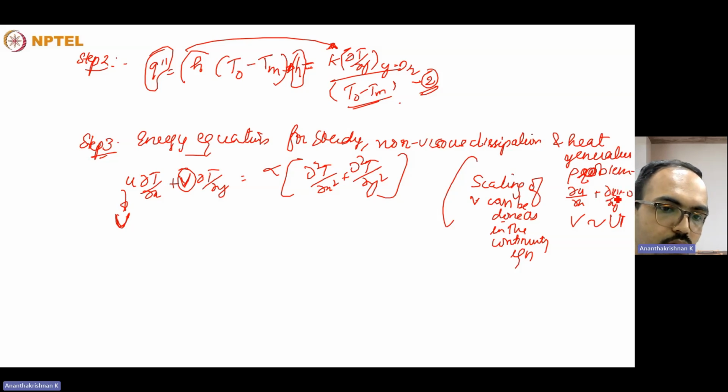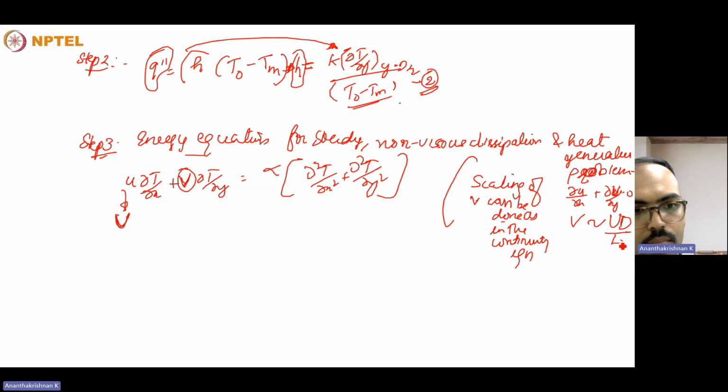So V will be of the form of U into Y direction, and as it's an internal flow, Y can be scaled as D, and X will be scaled as L, the length in the X direction.